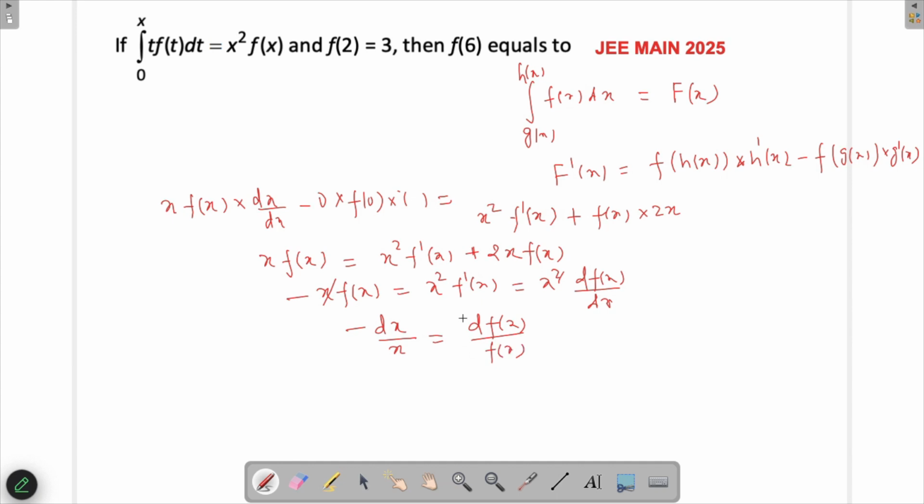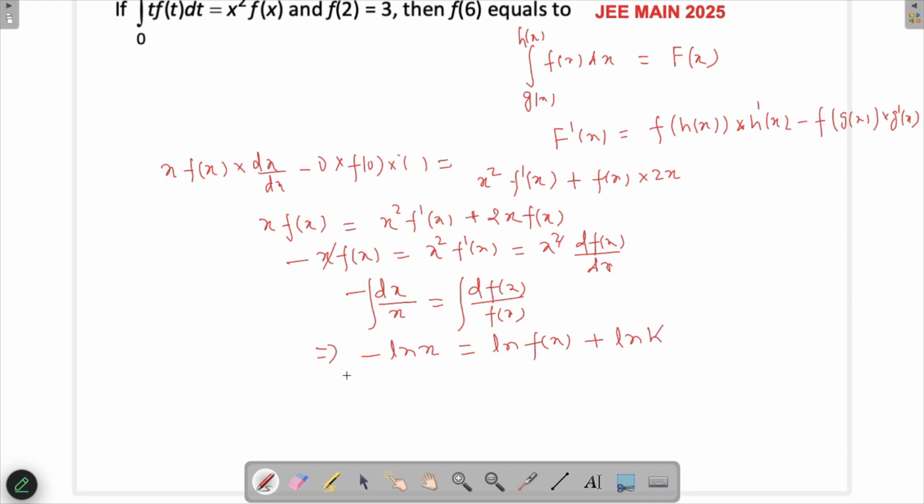Now once you integrate this, what do you get? You get minus log x equals log of f(x), and then we can have another constant, which is log of k, let's say. Now minus log x is log of x raised to the power minus 1, and log m plus log n is log of mn, which is log of f(x) into k.